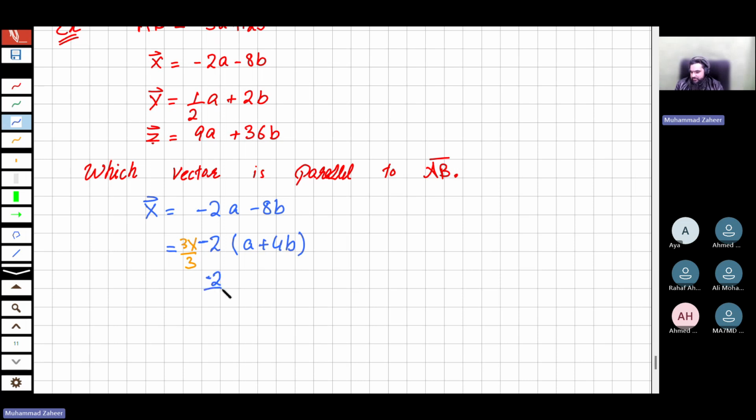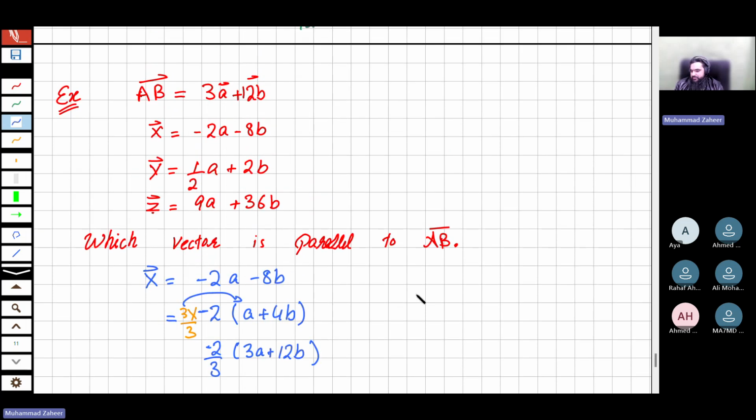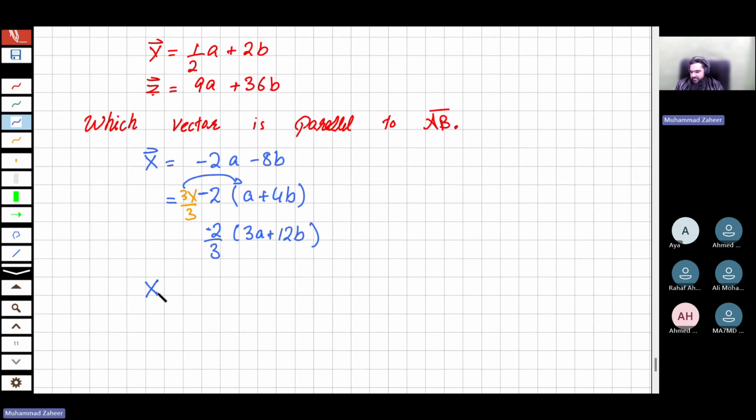So it will become minus 2 over 3. Take this 3 inside the bracket. 3 times 4 is 12b. Yes, it is AB. So this means I am able to write the vector x as a multiple of minus 2 over 3 of AB. It means that AB and x are parallel.